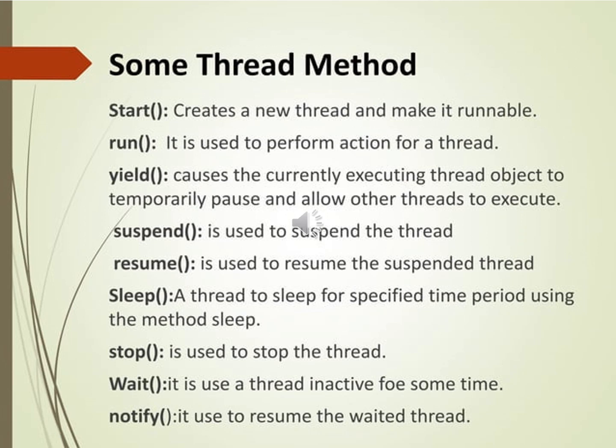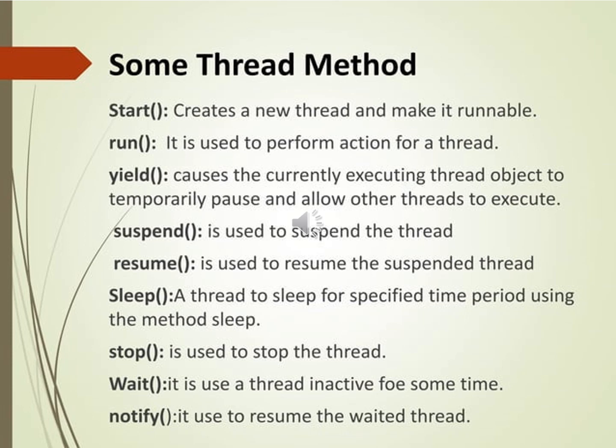Other methods used in multithreading: the start method is used to create a new thread. The run method is used to perform an action for a thread. The yield method is used for concurrently executing thread objects to temporarily pause and allow other threads to execute. The suspend method is used to suspend the thread. Resume is used to call the suspended thread.